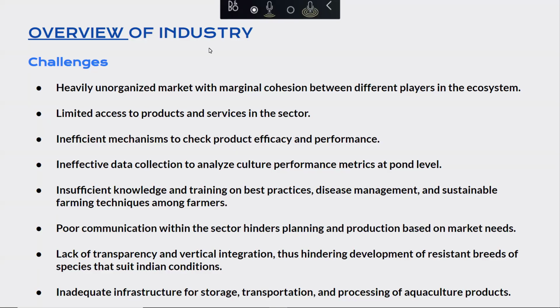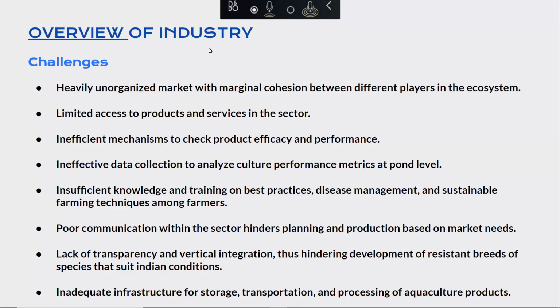Only a few exporters demand direct trading, direct purchases from the farmers, and they demand some kind of certifications. There is something called BAP certification, that is best aquaculture practices for aquaculture farming.